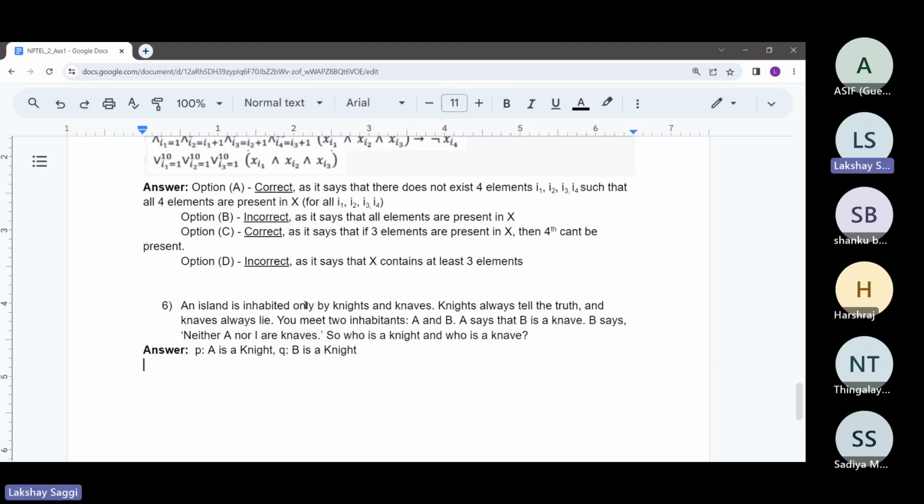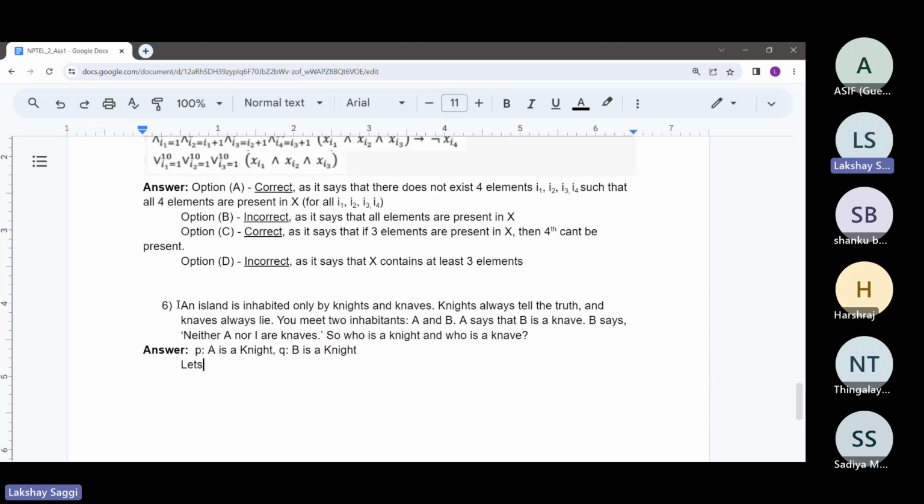And now let's try to take different cases for these P and Qs and see whether these expressions will hold true. So what are the possible cases? Either P is true and Q is true.